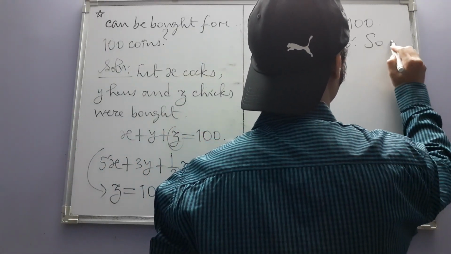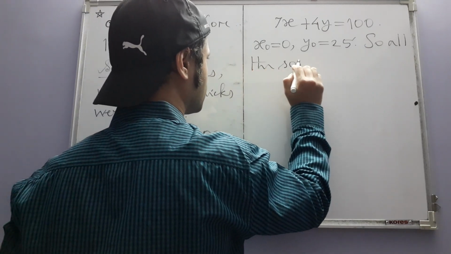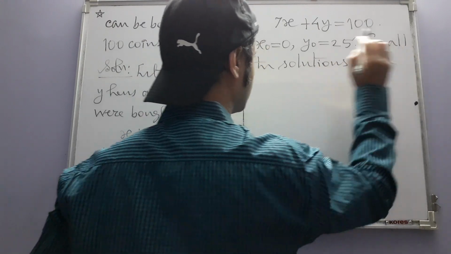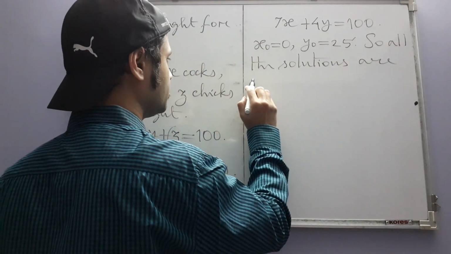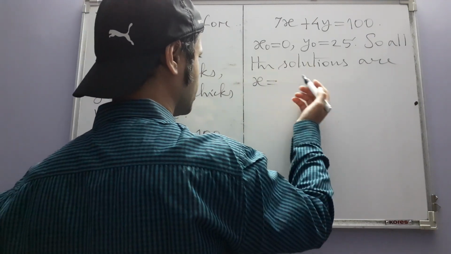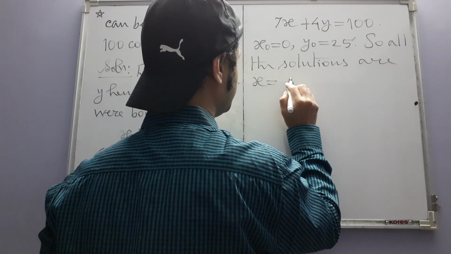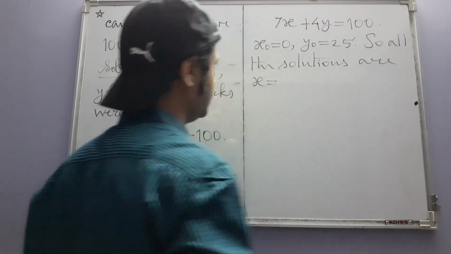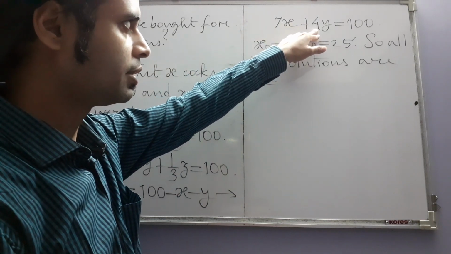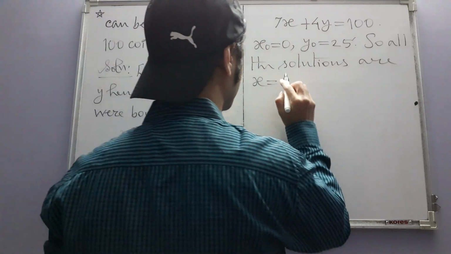So all the solutions are of course x equal to, we won't have any x naught here, plus b t. By the way, in this case also you can see that 7 and 4 are relatively prime, so that means our d, the GCD, is 1.